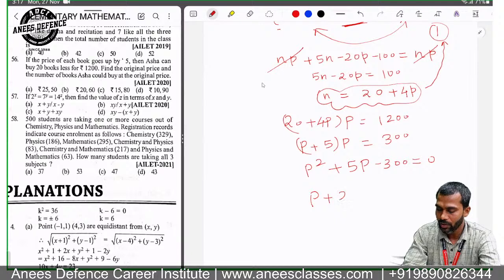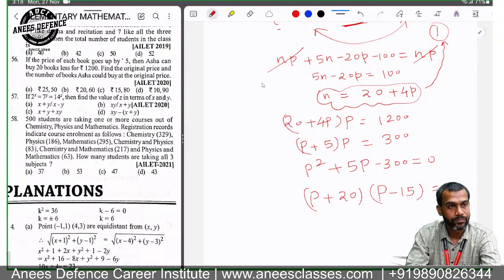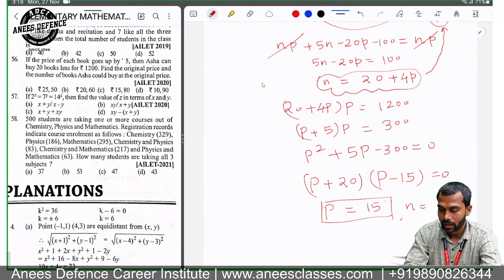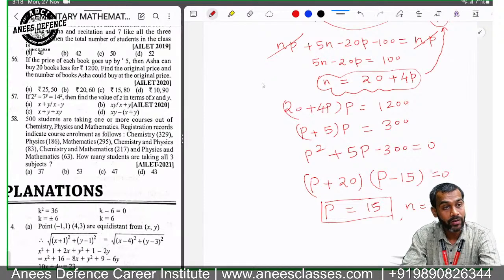So 20 I have to write here and here P minus 15. Yes or no? So P can't be negative. So it is 15. So if P is 15, then N is, NP is 1200. So that is 80. Yes or no? I hope you got it now.